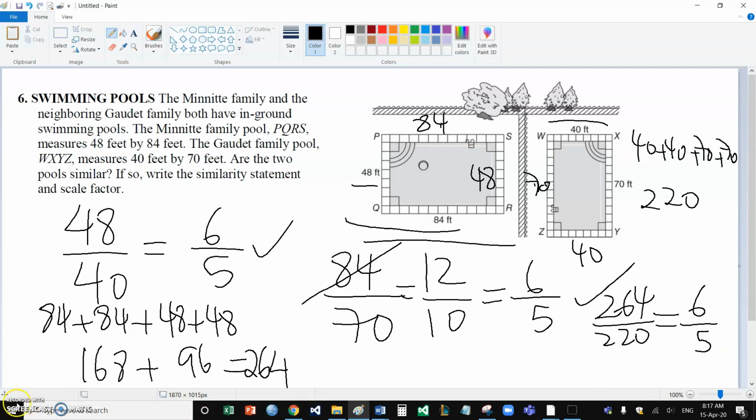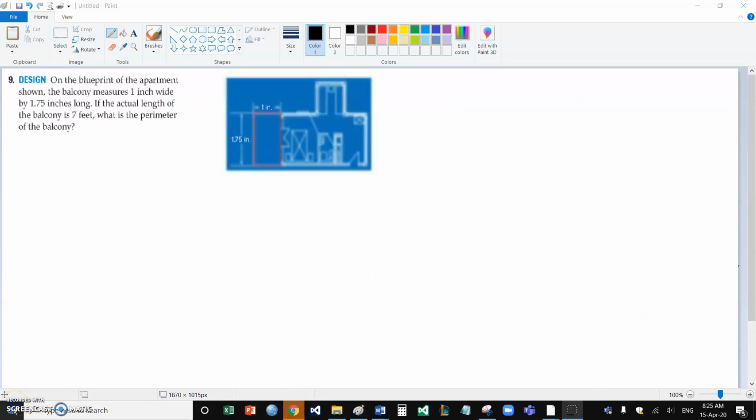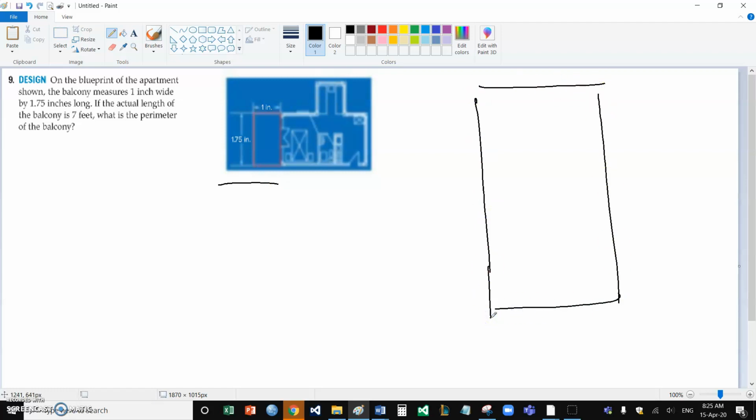Let's see if we can do another example. All right, let's look at this. On the blueprint of the apartment shown, the balconies measure 1 inch wide by 1.75 inch long. If the actual length of the balcony is 7 feet, what's the perimeter of the balcony? So this is the blueprint, and let's say this is the actual balcony, actual size.